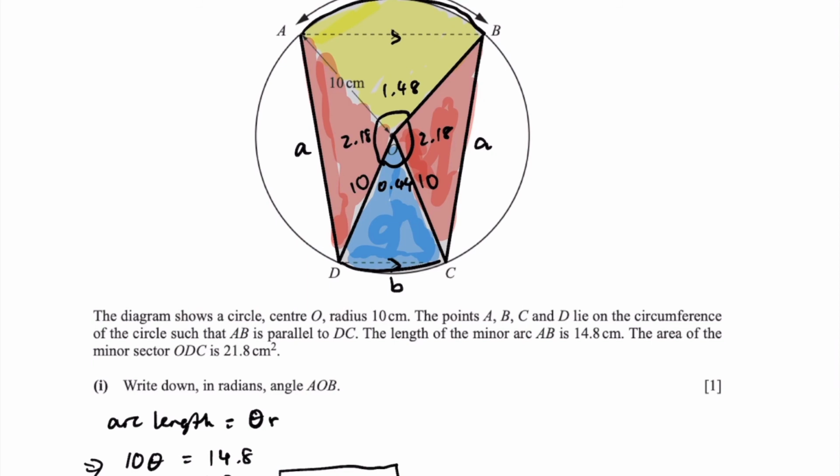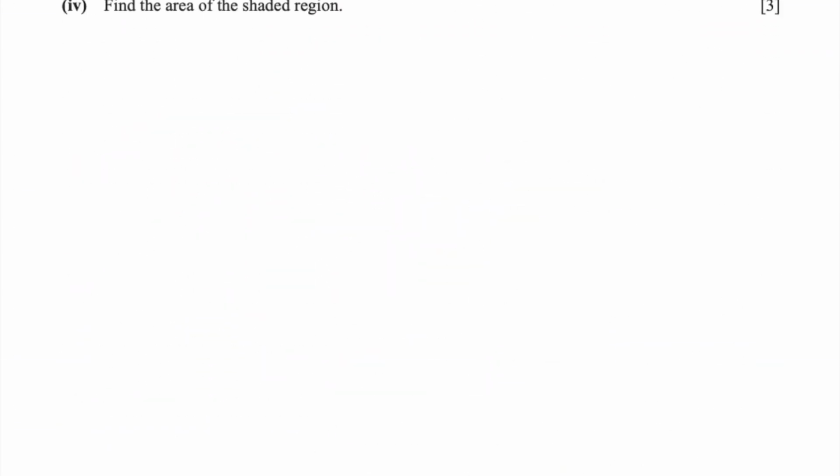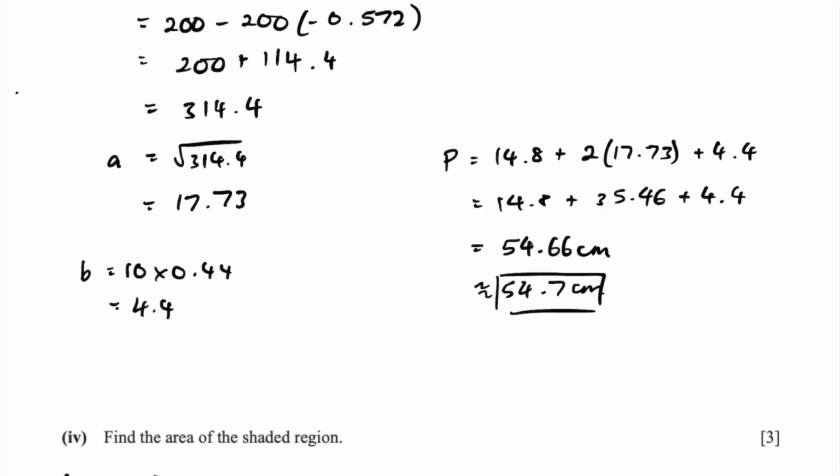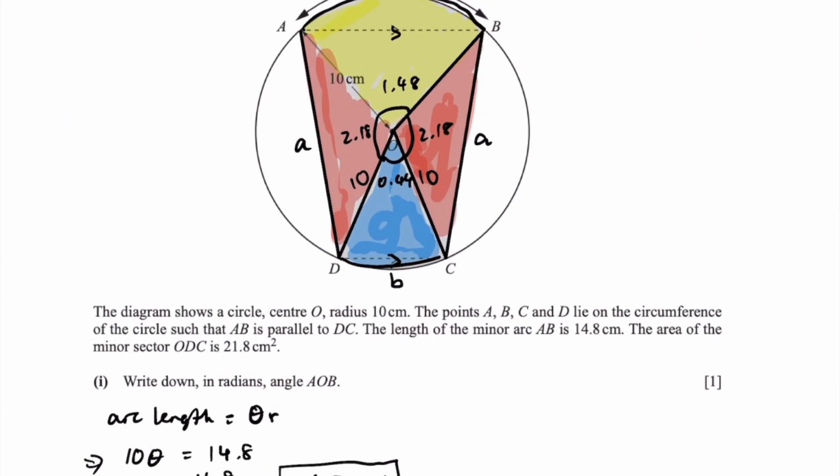All right, so let's start with the yellow area. The yellow area is a sector. The sector area is half theta r squared. That's the formula, and we have theta as 1.48, and the radius is 10.